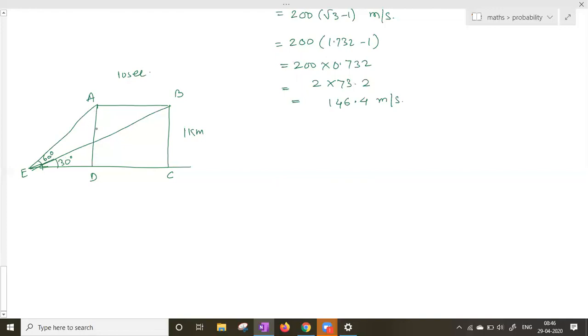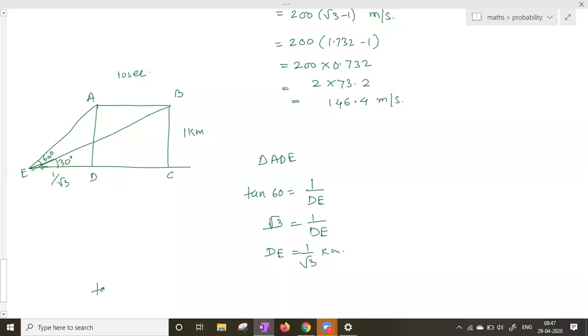So again, same, this is 1 kilometer, triangle ADE, tan 60 is equal to 1 by DE. Root 3 is equal to 1 by DE. So DE is equal to 1 by root 3. This is 1 by root 3.